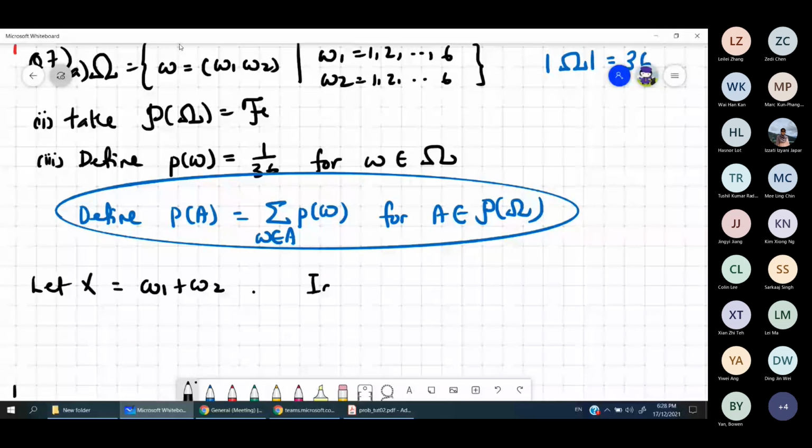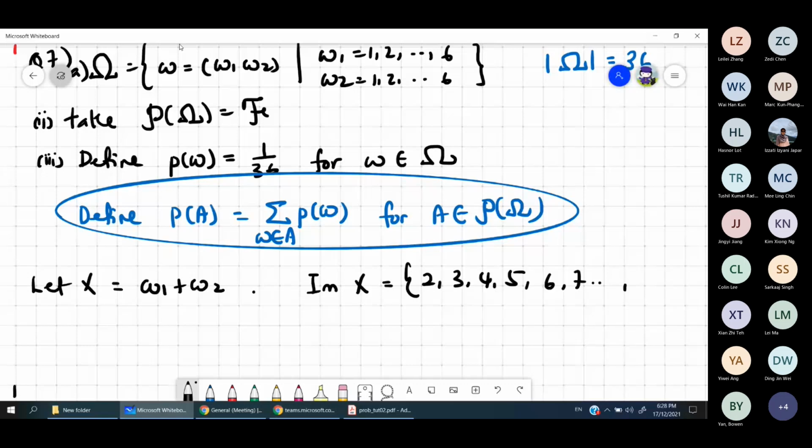The images of X will be 2, 3, 4, 5, 6, 7 until 12. This actually doesn't really matter because our sigma field is the power set. So that's why it must be a sigma field.